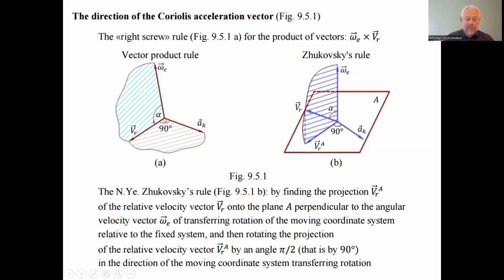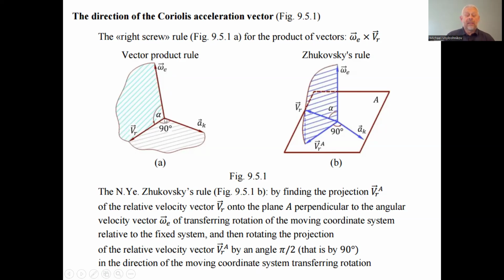Then the direction is perpendicular to the plane of the location of two vectors: the transfer angular velocity vector and the relative translational velocity vector of the point in the moving coordinate system.